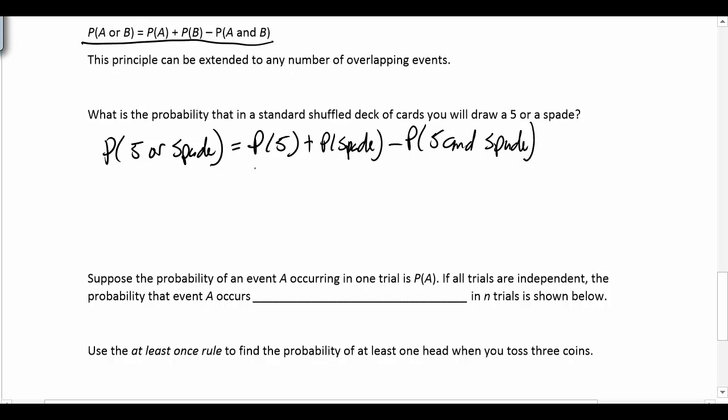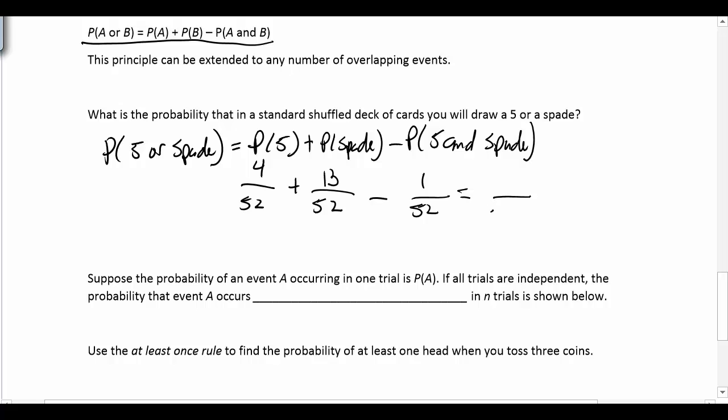So the probability of a 5: in a deck of cards there are 52 cards total, and there are 4 fives. Out of the spades there are 52 cards total, and there are 13 spades. Now how many of the 52 cards are fives and spades? That's minus 1.